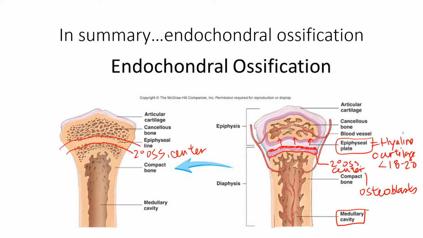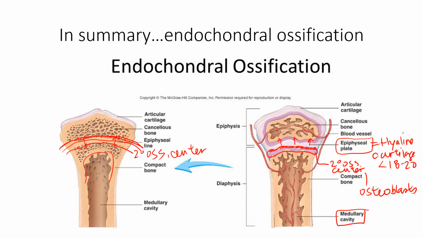That means the epiphyseal plate must be slowing down in its growth process. So over time, this secondary ossification center marches forward and eventually overtakes that entire area, and so all of that cartilage is now transformed into calcified bone. And we finish the process by opening up this marrow cavity here.